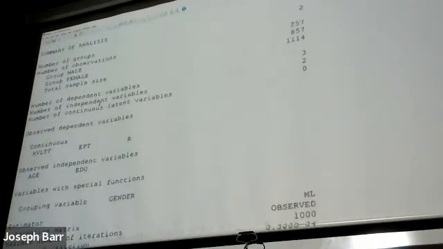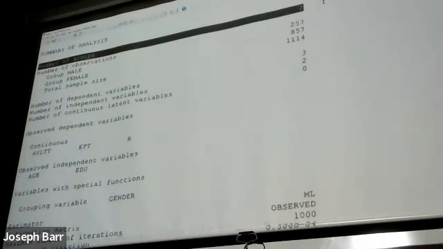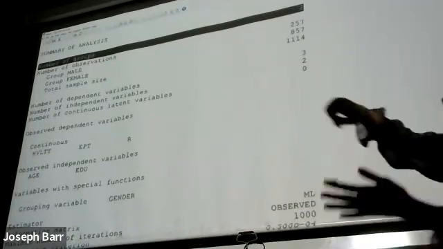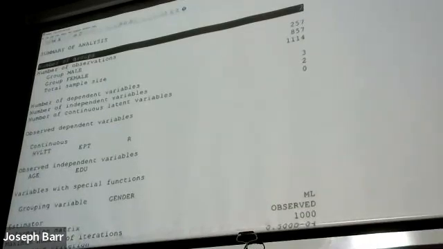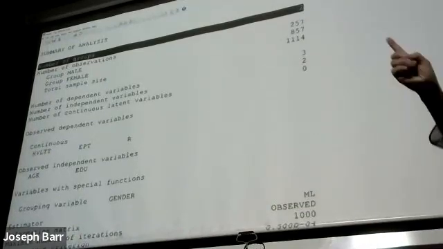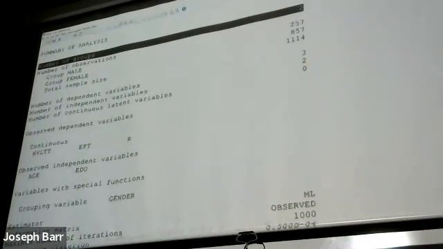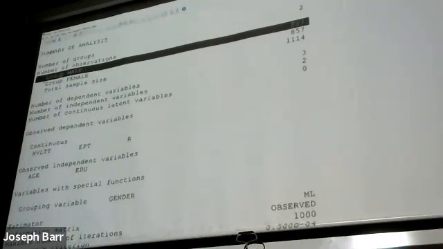And then here, number of groups. Previously, without including the grouping statement, it's always 1. Now we have 2. If you have 3 categories, you have 3 groups. Then number of observations for each group, male and female.